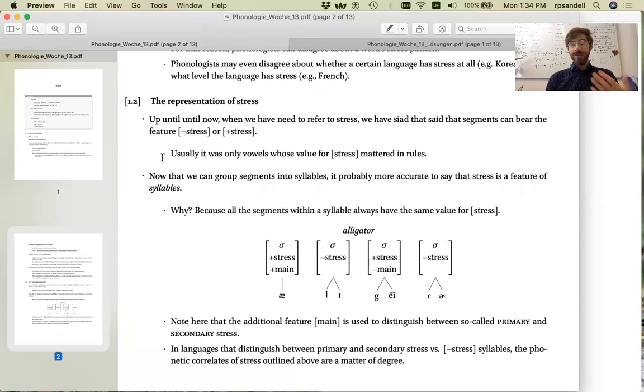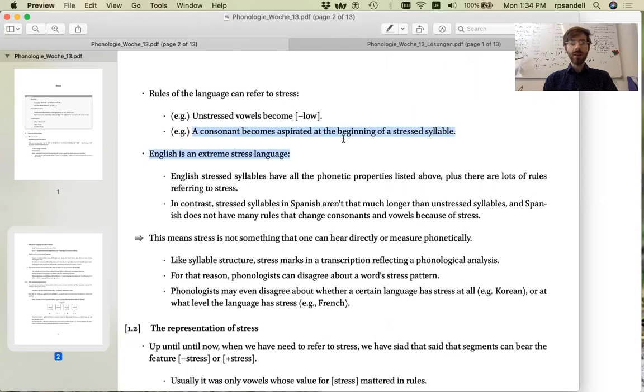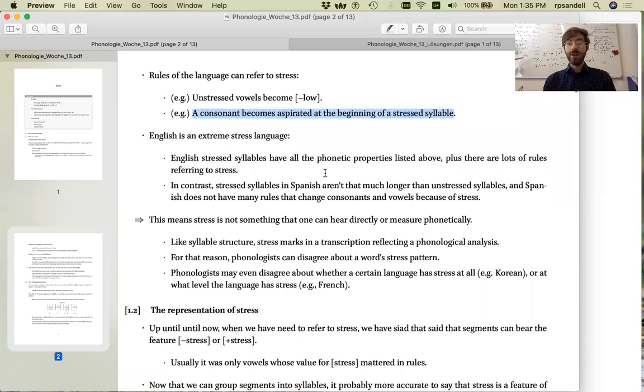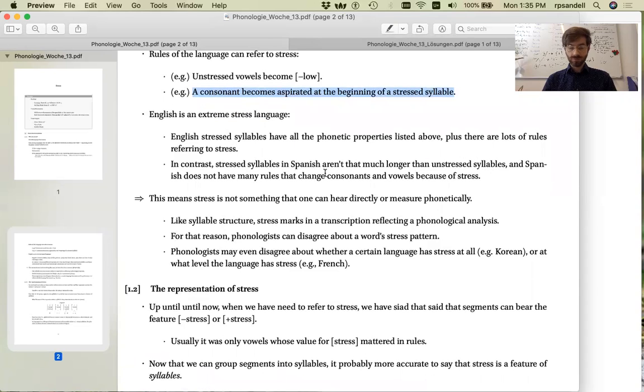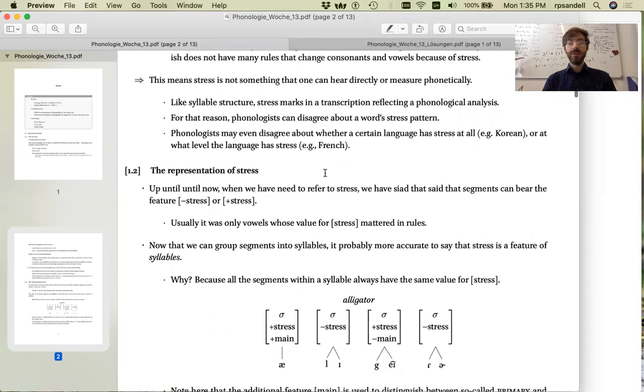Now that we have the ability, based on what we have learned last week, to group segments into syllables, it's probably more accurate to say that stress is a feature of syllables, because it seems reasonably clear that all the segments within a syllable need to have the same value for stress. So for instance, if we consider this rule of English, or a rule similar to it, which would say that consonants become aspirated at the beginning of a stressed syllable, it might be easiest to acknowledge that those consonants somehow are associated with the feature stress.